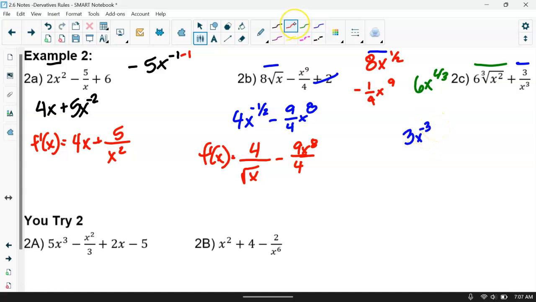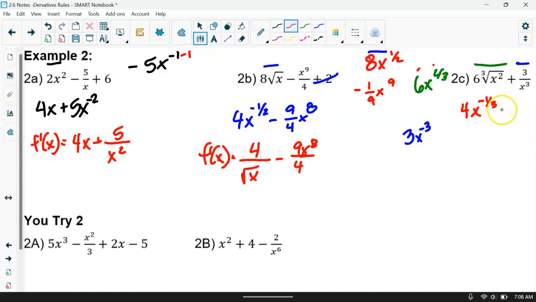So now let's get our derivatives. So what is going to be our new coefficient now for our x here with our derivative? 4. 6 times 2/3 is 4. Then x to the, what is the new exponent now? Negative 1/3 when you subtract 1.